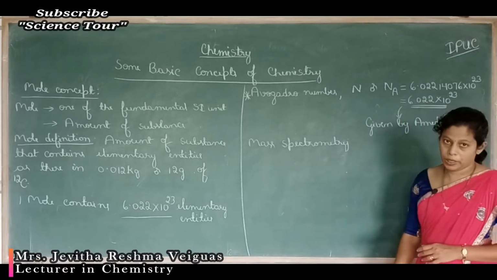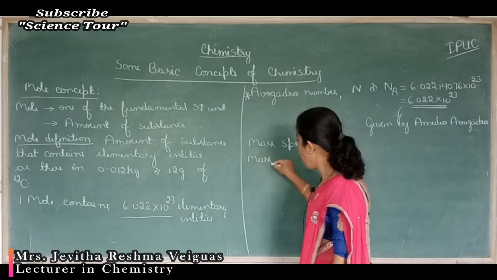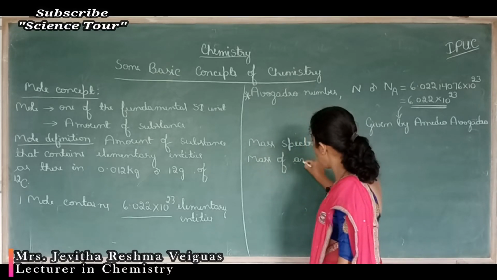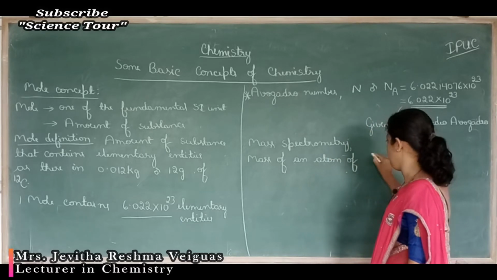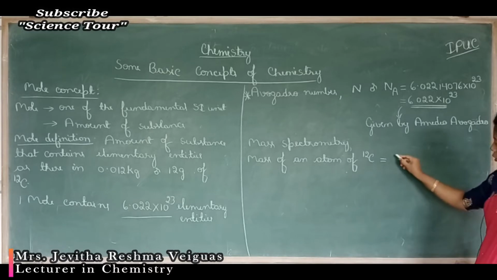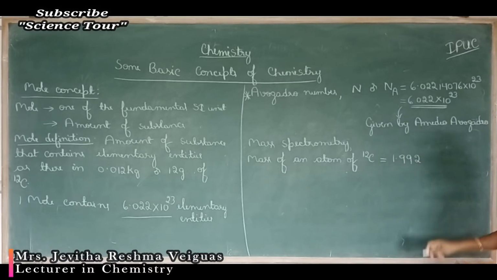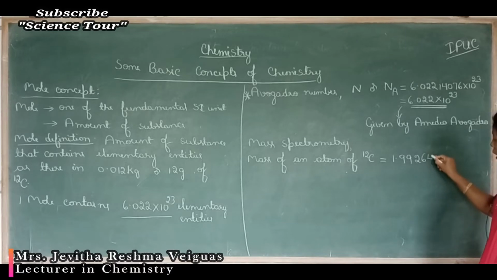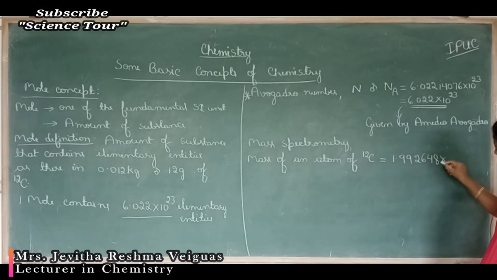the mass of one atom of carbon 12 is found to be 1.992648 into 10 to the power minus 23 gram.